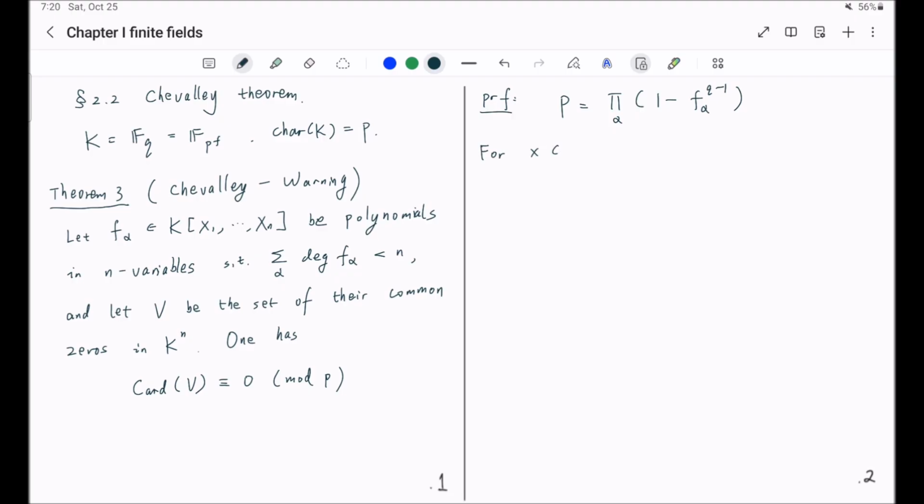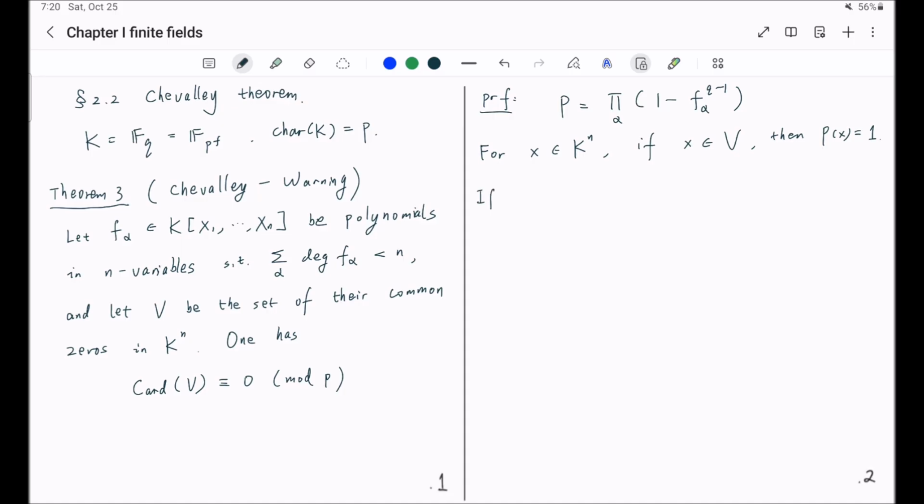For x in K^n, if x is in V, which is a common zero of all such polynomials, then each f alpha is equal to 0 at x. So this product is just a product of ones, which means P is equal to 1.